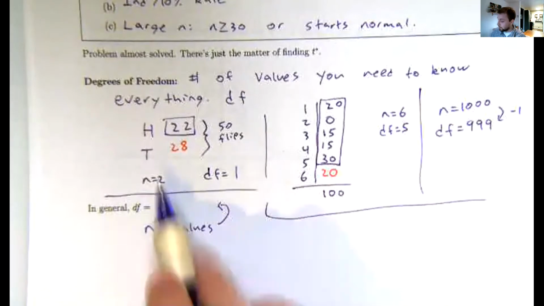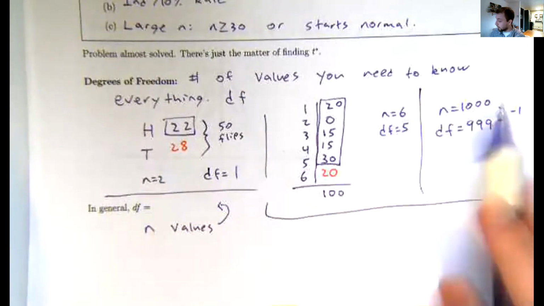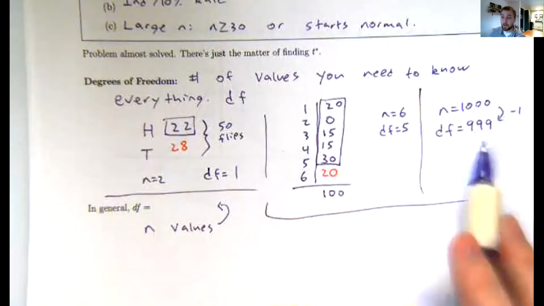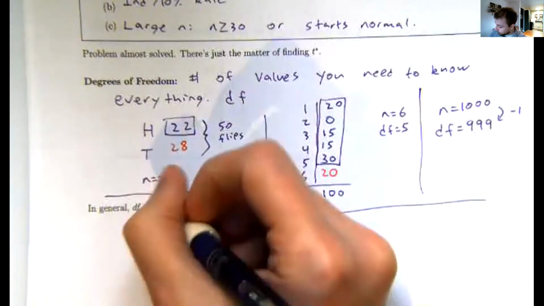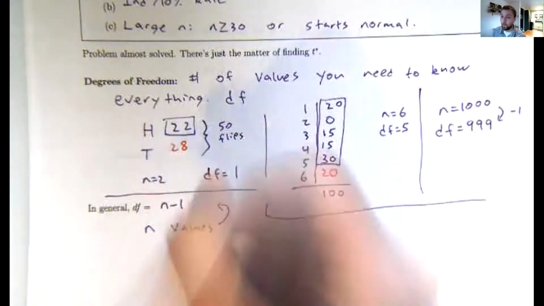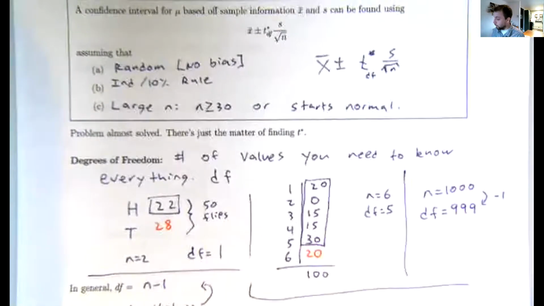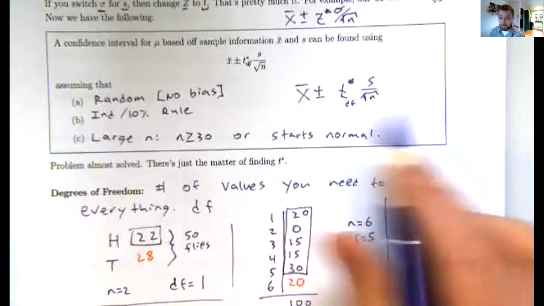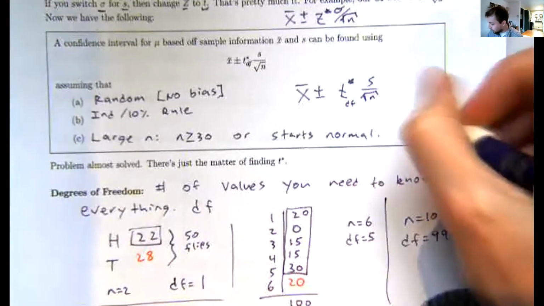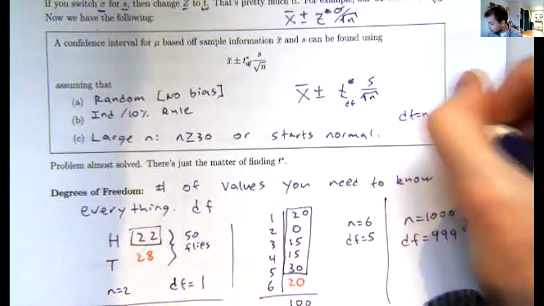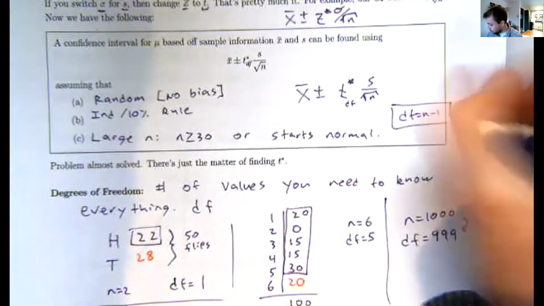For me, it looks like 2 to 1, 6 to 5, 1,000 to 999. I'm going down by 1, so my degree of freedom formula is always 1 less than the number of samples. So when I'm writing down these formulas and I'm saying it's based off the degree of freedom, my degree of freedom is n minus 1.